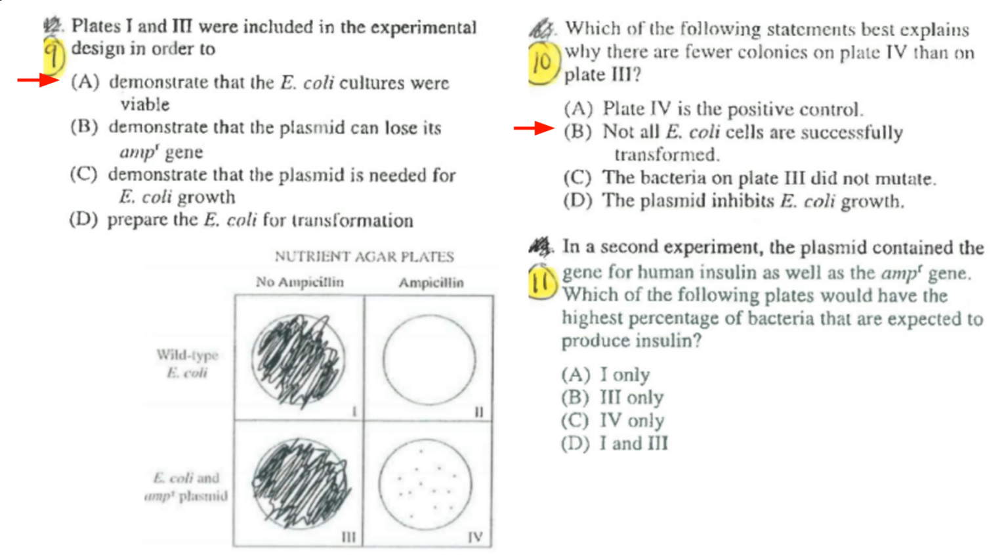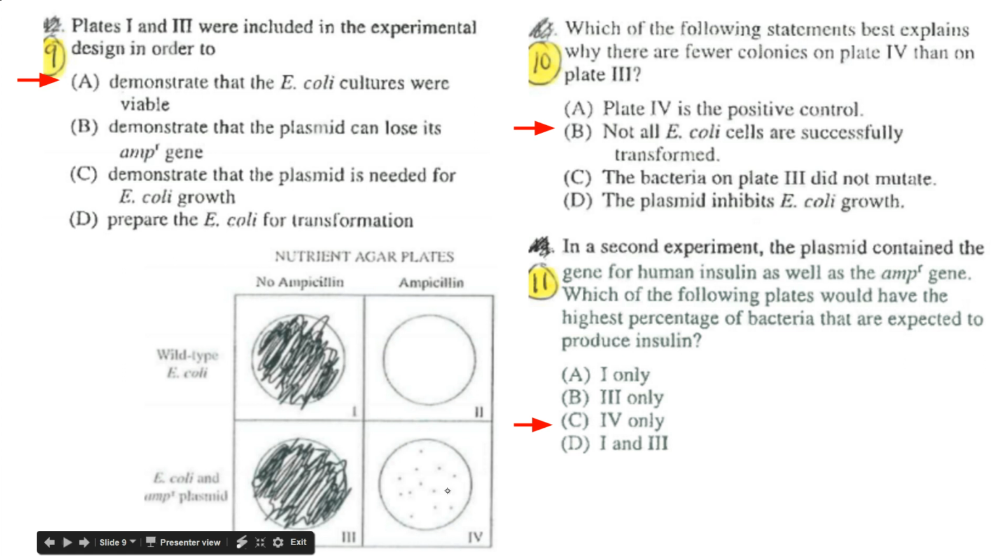In a second experiment, the plasmid contained the gene for human insulin as well as the ampicillin resistance gene. Which of the following plates would have the highest percentage of bacteria that are expected to produce insulin? It is 4.